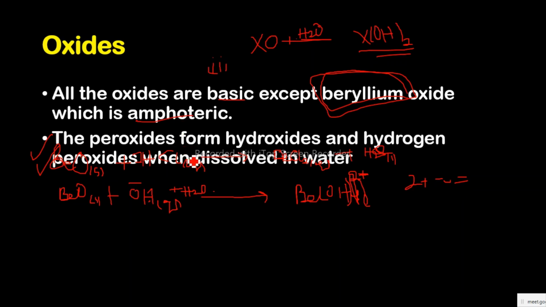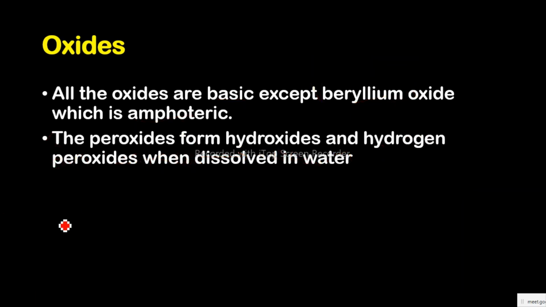The peroxides that are formed by group 1 members, and the superoxides, form hydroxides and hydrogen peroxide when you dissolve them in water. For example, you can have your sodium peroxide and dissolve it in water, plus water.